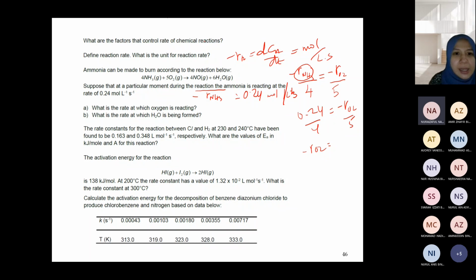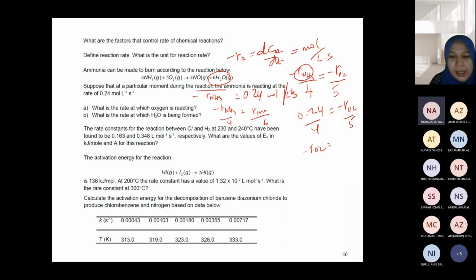Okay, so again, what is the rate at which H2O is being formed? Kita tengok negative R NH3 over 4 is equal to, okay, for this one, is it positive or negative? Positive. Yeah, it should be positive. So R H2O, and then over with what number? 6. Yeah, it should be 6, okay?